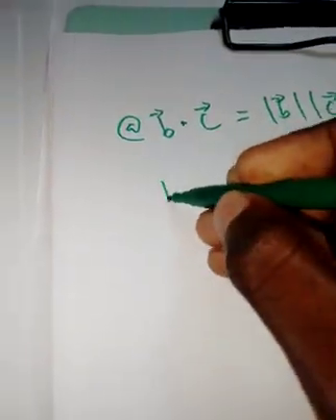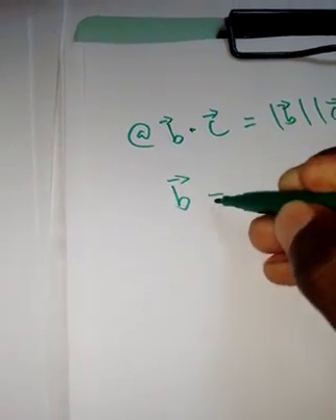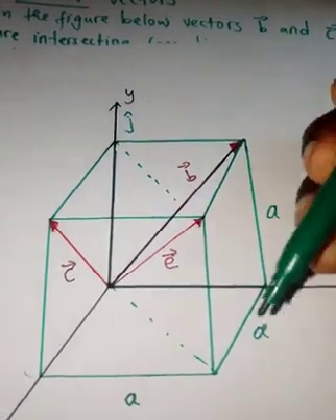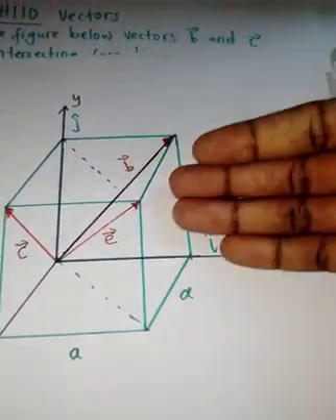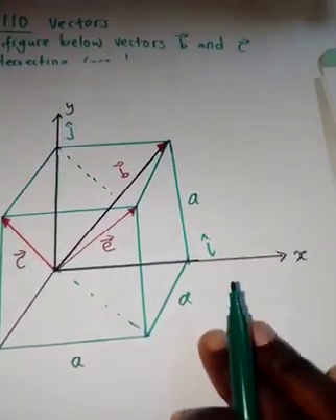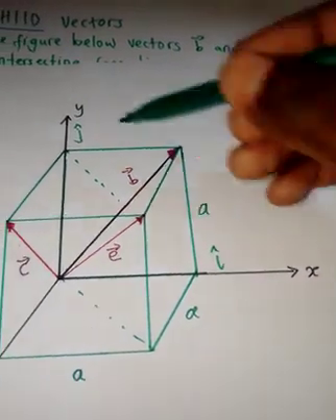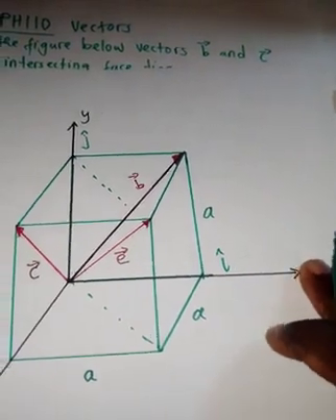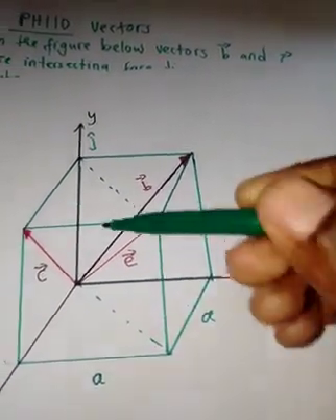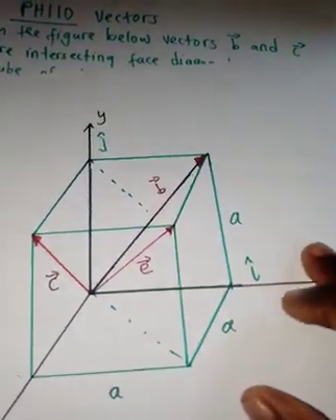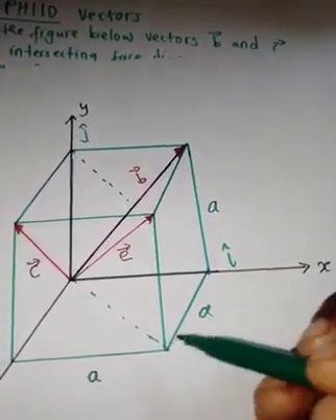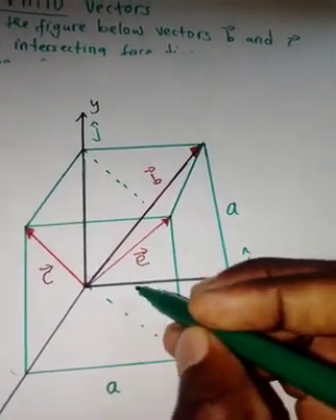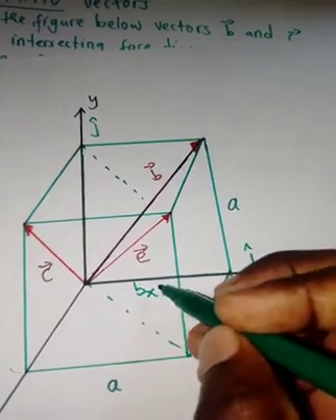So for B, it will be equal to, so if we check, this is vector B there. It's behind that side. So meaning that it is in the X, Y plane there. Okay. So its components will be in the I and what? J. And if you check, all the edges there are represented by A, meaning that here we should have Bx, which is equal to what?